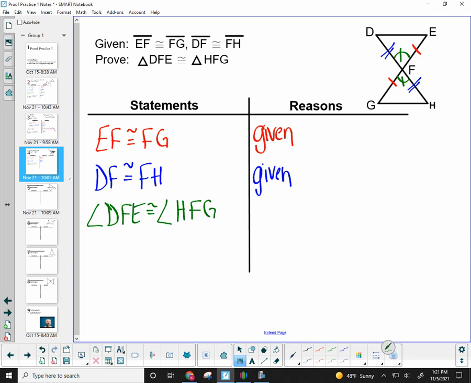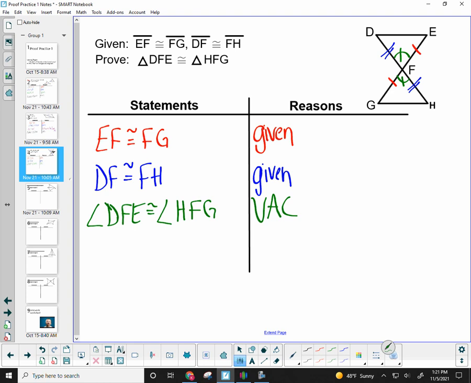Now remember, you can reverse these. You could have called it EFD or GFH, as long as F is in the middle, because it has to be a vertex. And those are called vertical angles, so that's the vertical angle conjecture.